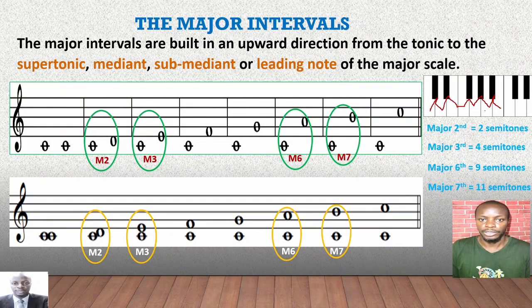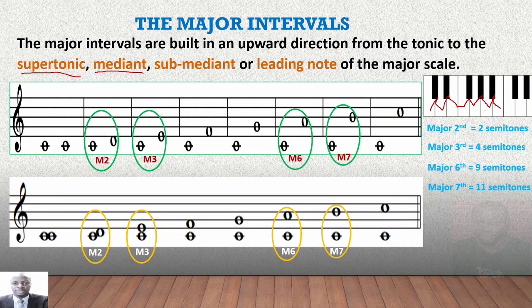Now, most importantly, remember, like I said, major intervals exist in all those pitches between the tonic and the supertonic of a major scale, or between the tonic and the mediant, that's do, mi, or tonic to the submediant, do and la, or from the tonic to the leading note, do, ti, all of a major scale, right?